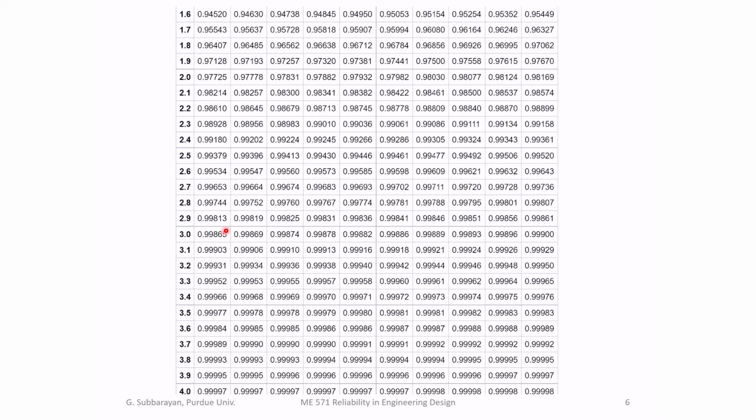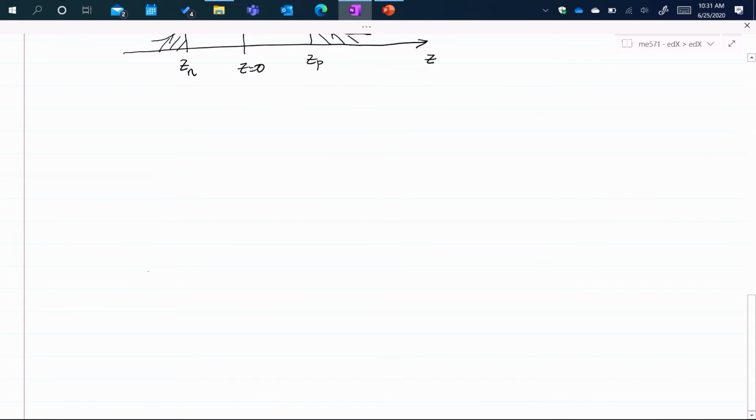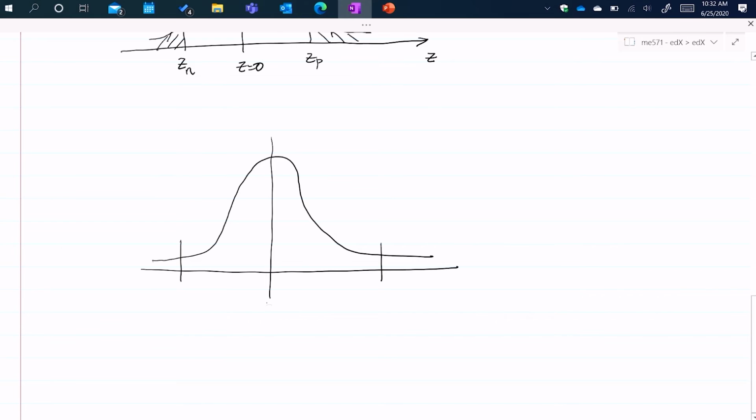And so what I would like to figure out is what is the plus or minus 3 sigma limit, as an example. So let's say I have z equals 0 here, and this is plus 3, and this is minus 3.